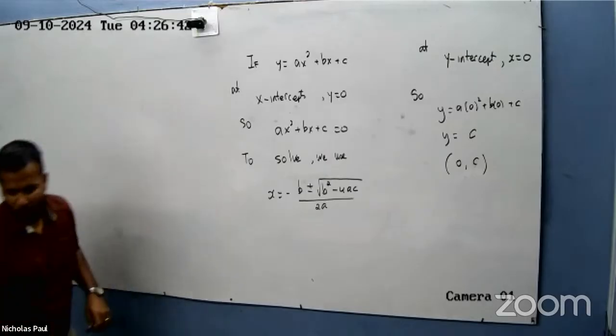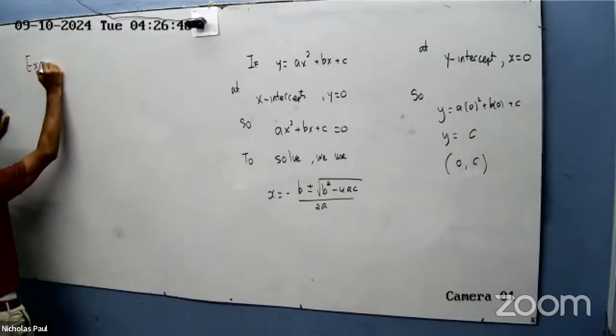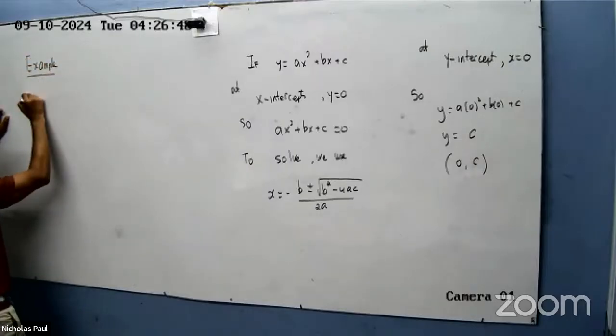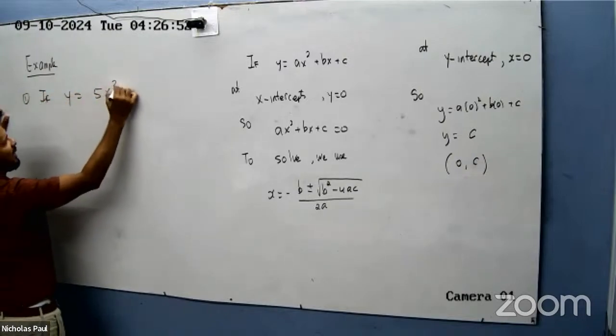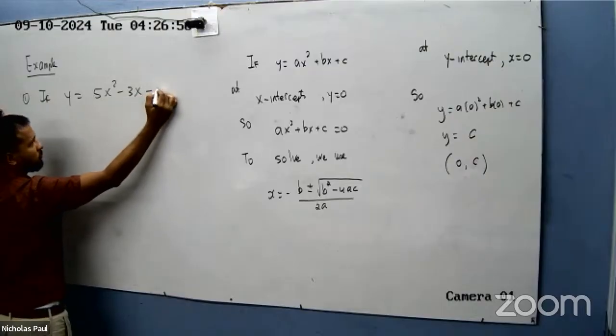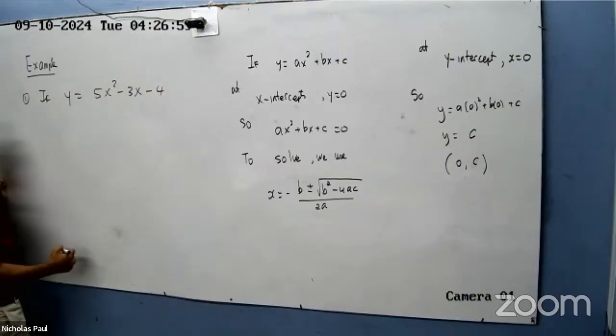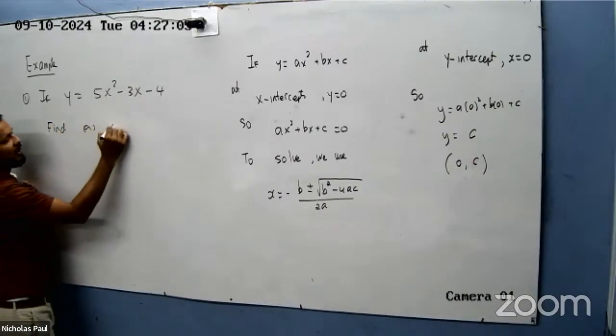All right, so let's start with number one. First example is that we would like to get, if y is equal to 5x squared minus 3x minus 4, right? Let's see if we can find the x-intercepts.